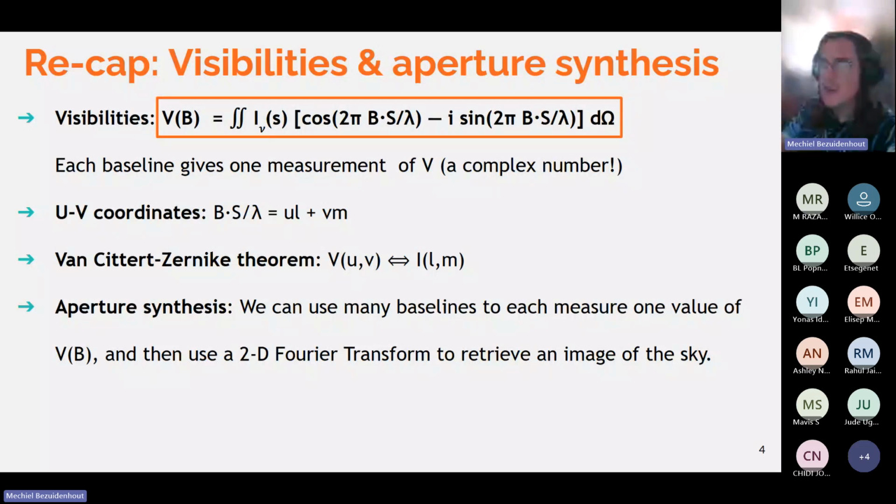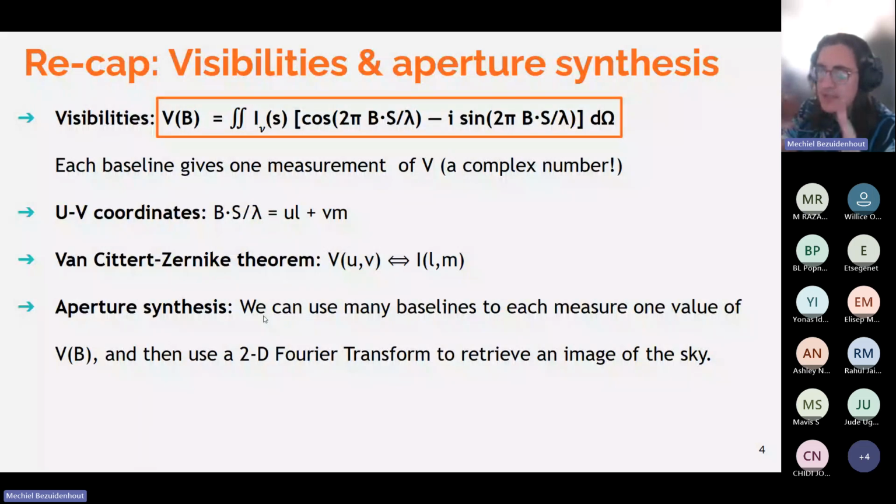So in other words, we can apply a Fourier transform to these visibilities to get an image. And the idea of aperture synthesis is that we can use many baselines, each of which measures a single value of the visibility, and then we can use a two-dimensional Fourier transform to retrieve an image of the sky.